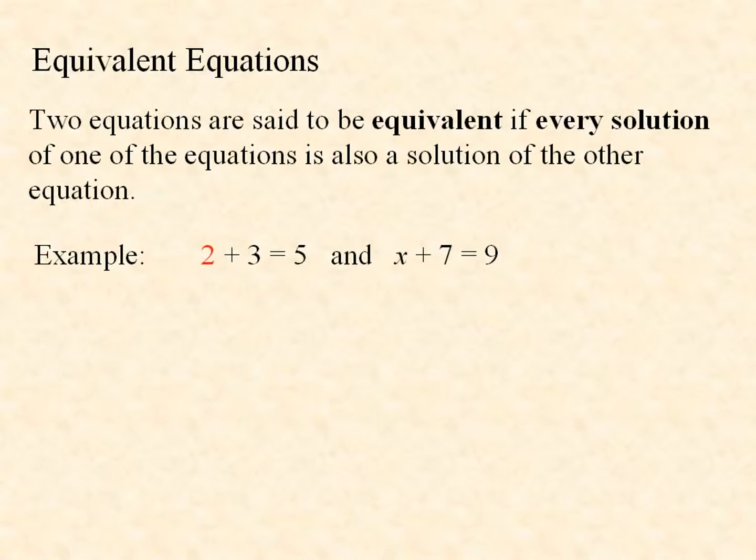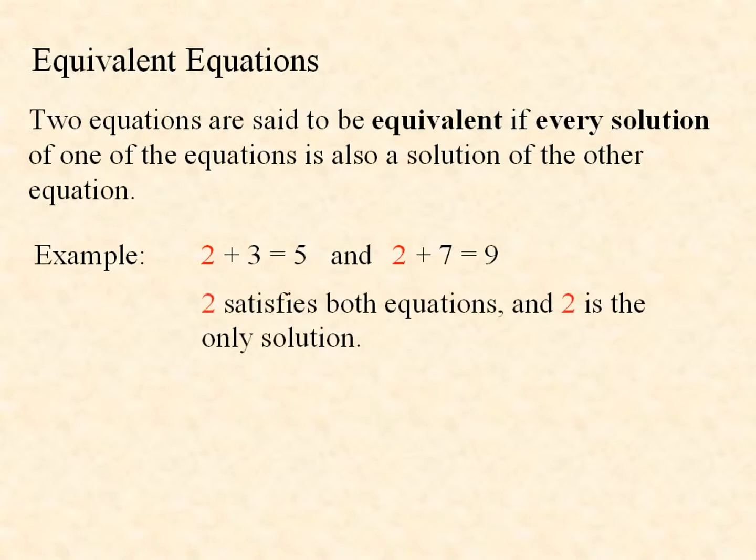If we put 2 in place of x in the first equation and 2 in place of x in the second equation, we see that 2 satisfies both equations. And 2 happens to be the only solution to these two equations. Therefore, they are equivalent.